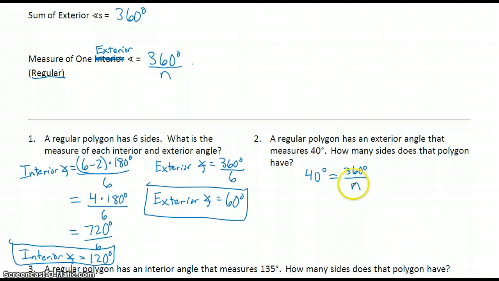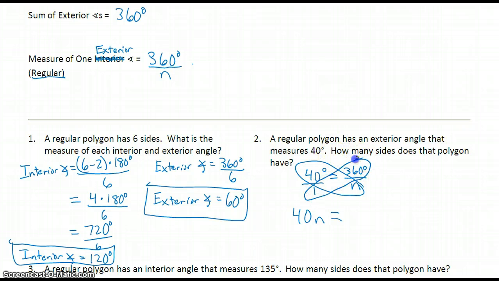In this case, n is in the denominator. Whenever I have my variable in the denominator, I need to cross multiply in order to solve. I'm going to put 40 degrees over 1. I'm going to drop my equal sign straight down and cross multiply. 40n equals 360 degrees.